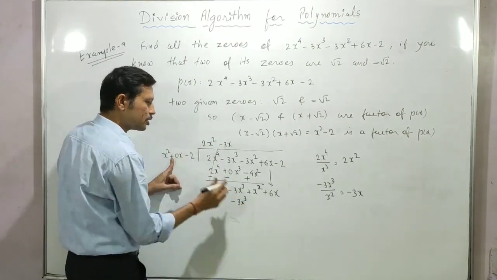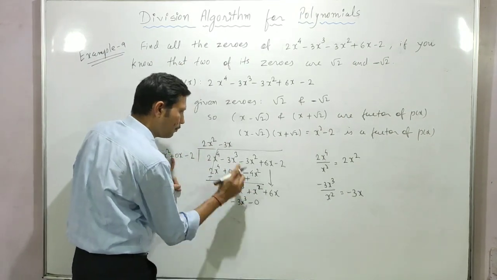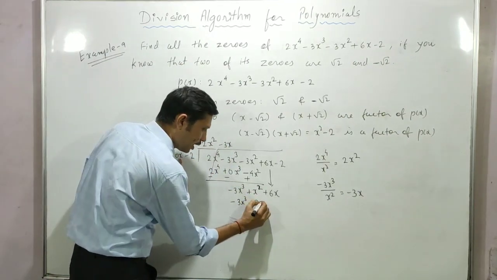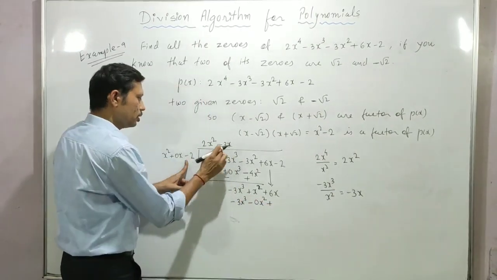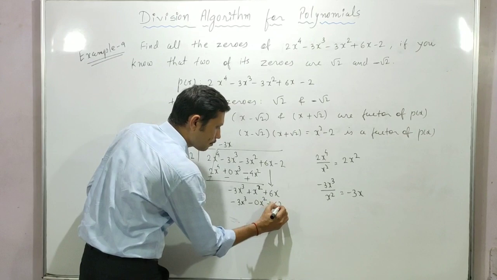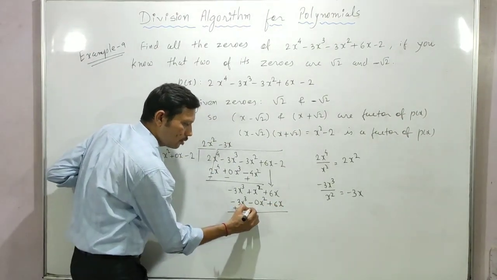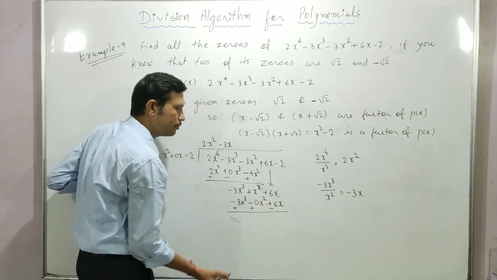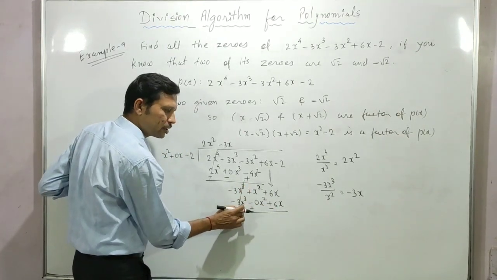Now minus plus minus, 0, 3 and 0 multiplication is 0, x multiply with x, that is x square. Now minus minus becomes plus, 3 2s are 6x. Now minus becomes plus, minus becomes plus, and plus becomes minus. This one subtracted because minus 3x cube plus 3x cube.